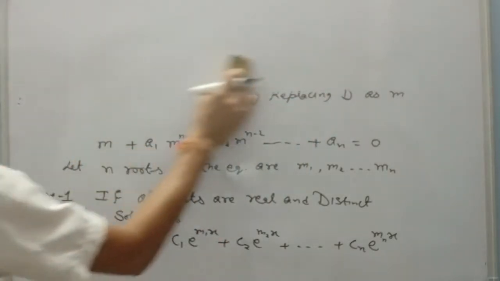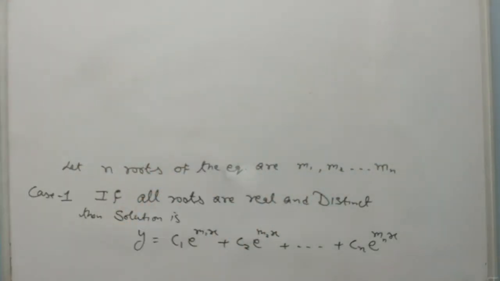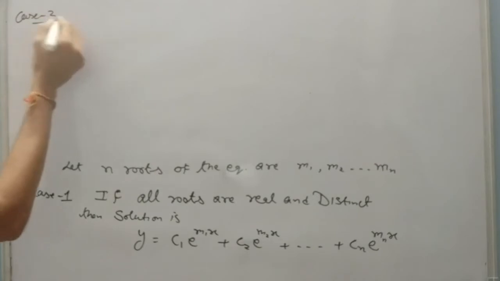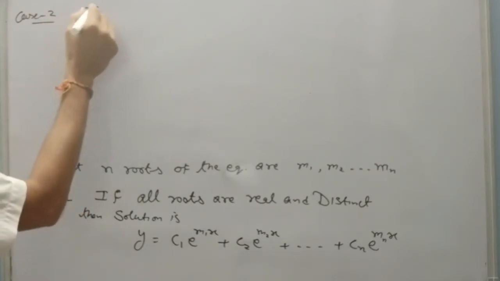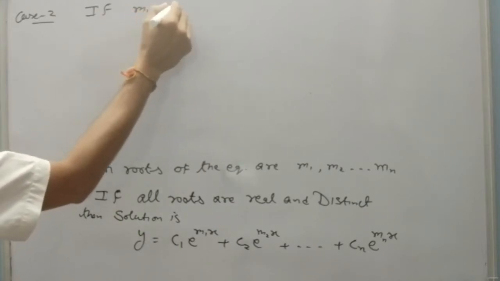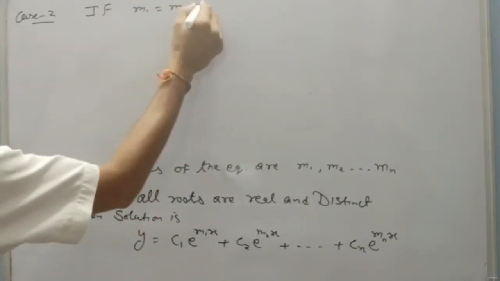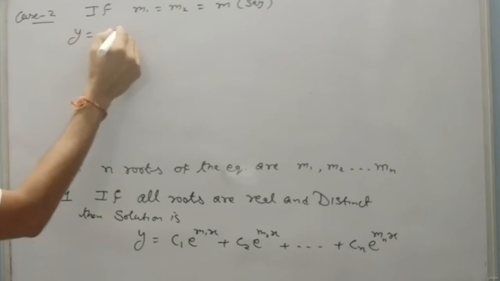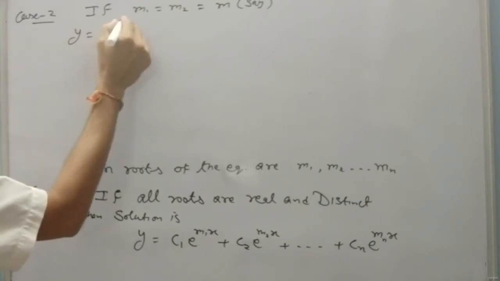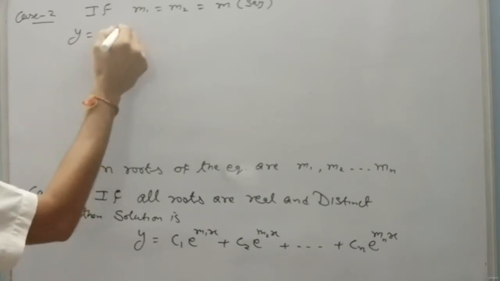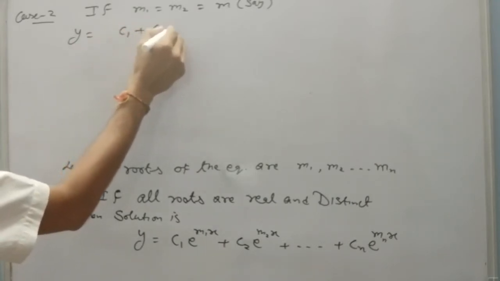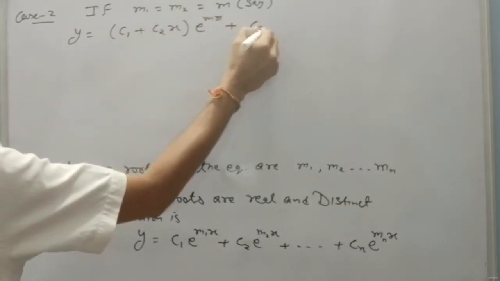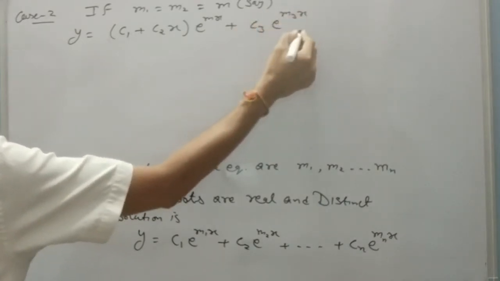Now there are some other cases also. Case number 2: if m1 equals m2, say m, then the solution is y = e^(mx) (c1 + c2 x) + c3 e^(m3 x) and so on.